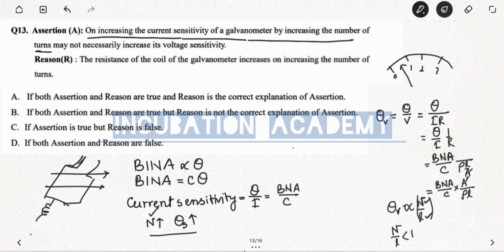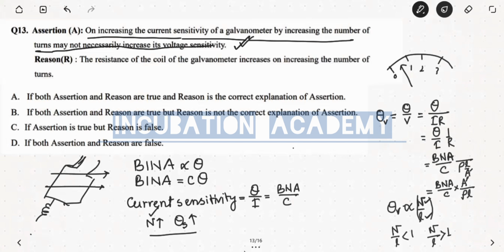But if you increase the number of turns in such a way that N by L is greater than 1, then obviously theta V will increase. So increasing the number of turns does not always increase the voltage sensitivity, even though it increases the current sensitivity. It depends on the ratio N by L. So this statement is correct.